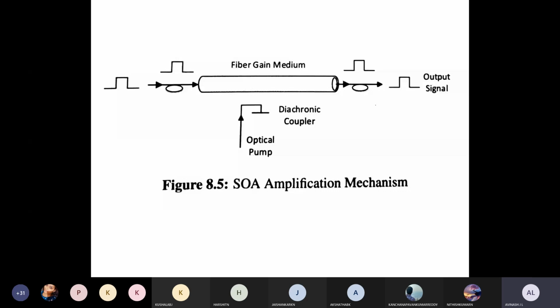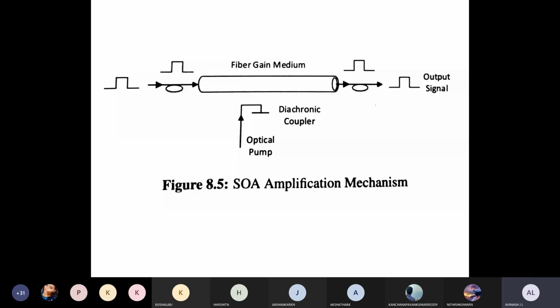You can see in the previous diagram, this is also the SOA amplification mechanism. Here it is in detail. In detail means inside, how the coupling will be present, where the active region is present, and where exactly we inject the current.